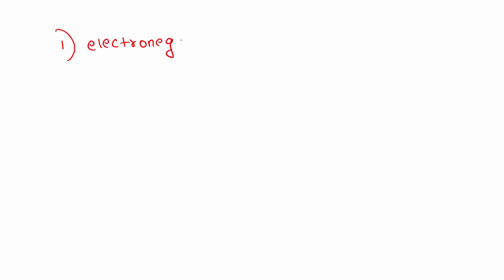So how does electronegativity influence the basicity of a molecule? First, let us understand the meaning of electronegativity. The electronegativity of any atom is defined as the ability of that atom to attract the electrons towards itself.